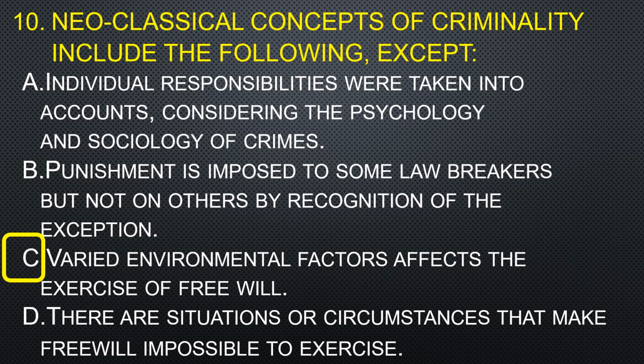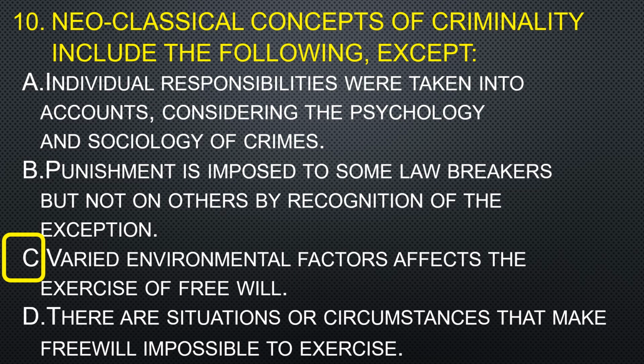They're talking about the psychological factors, like the sanity and insanity, like the imbecile, the morons, and the idiots. Those are the factors that affect the exercise of free will, not the environmental factors. Though environmental factors may be considered as a circumstance to consider whether a person is responsible for his act or not, that is not the main focus of the neoclassical school.